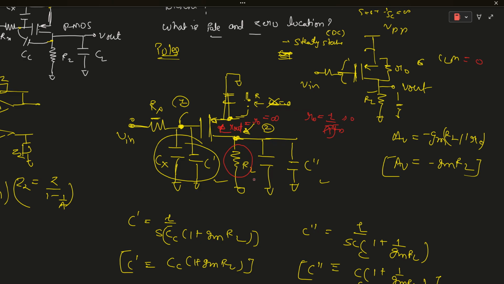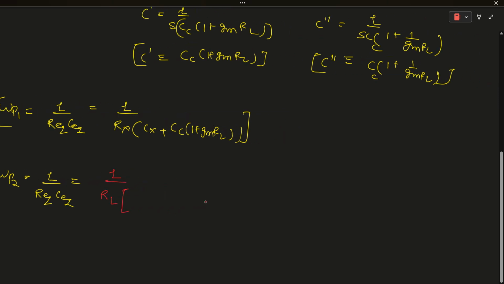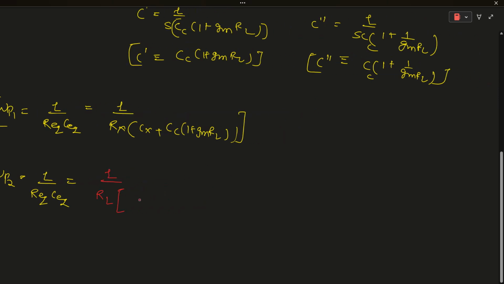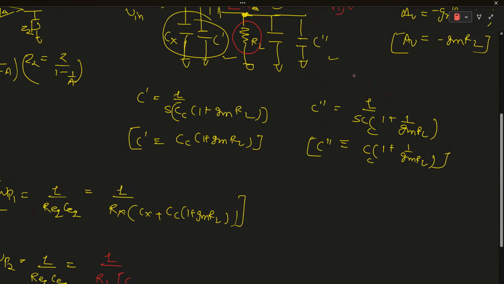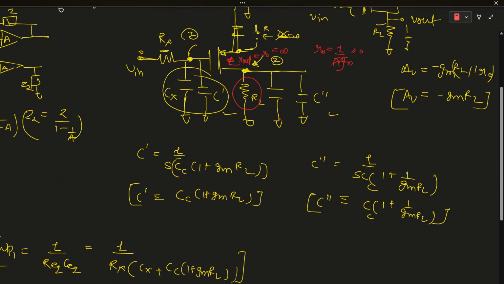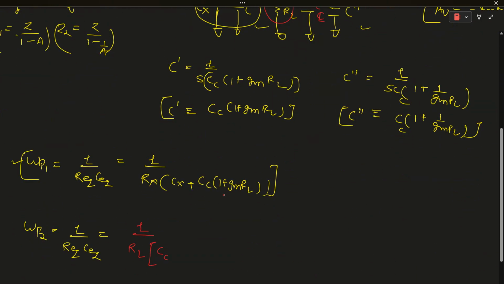So there is only one resistance, which is RL, giving 1 upon RL, and the equivalent capacitance is C double dash plus CL.